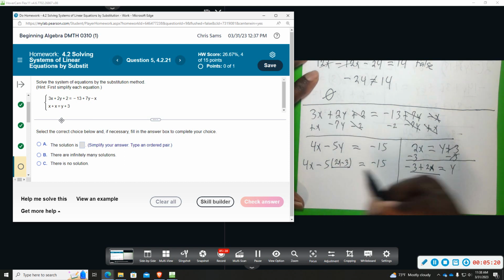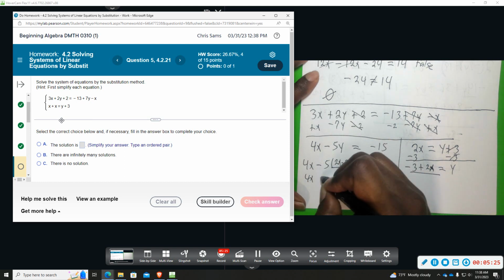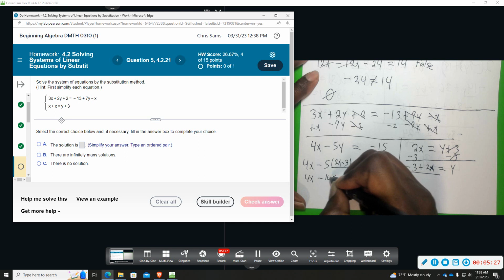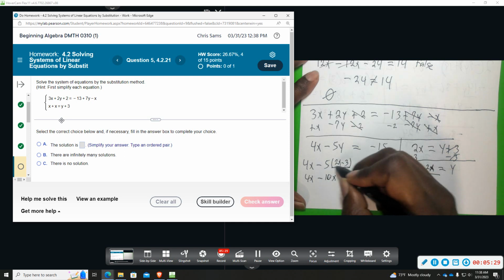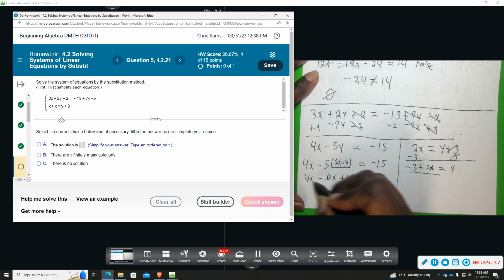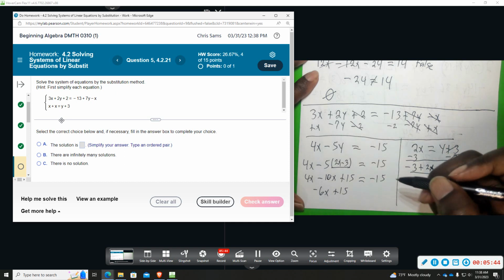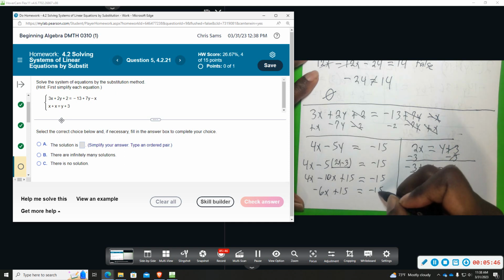We're going to distribute and simplify. So I got 4x minus 10x. Negative times a negative is positive, so plus 15 equals negative 15. Combine like terms, that's going to give me negative 6x plus 15 equals negative 15.